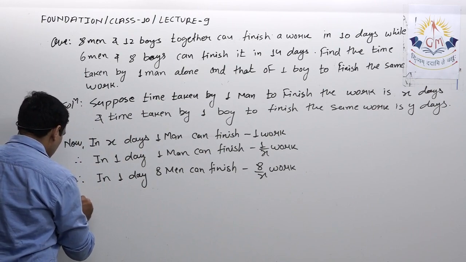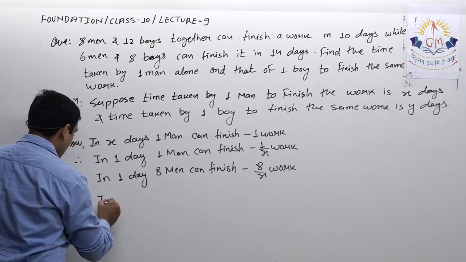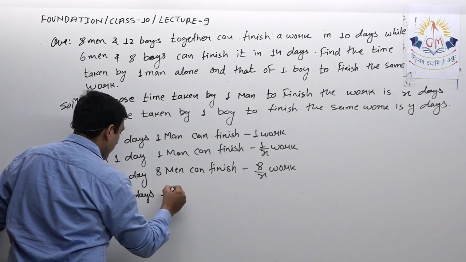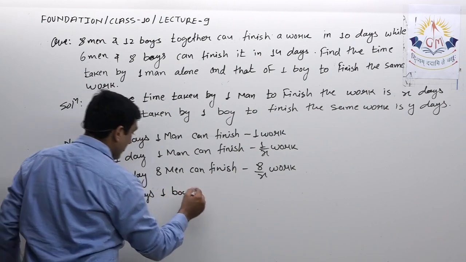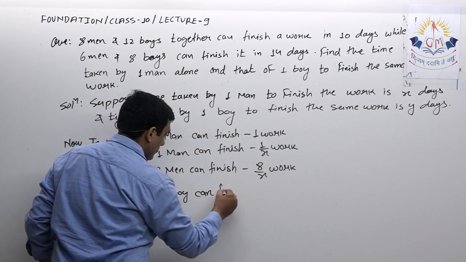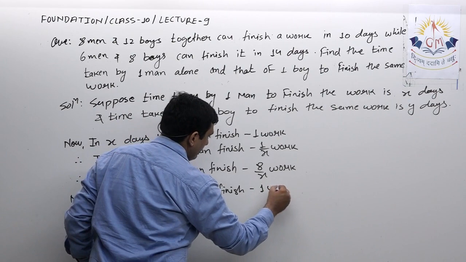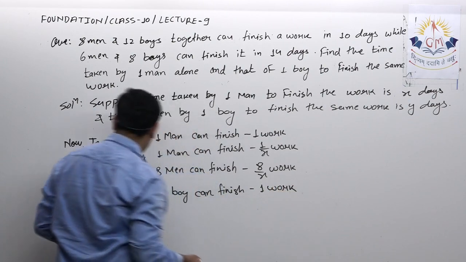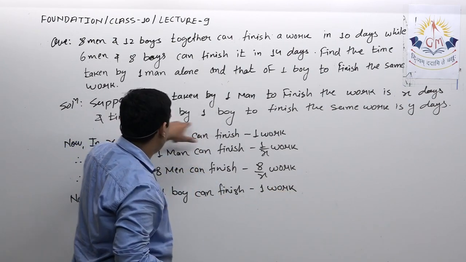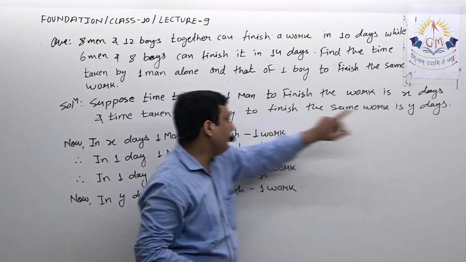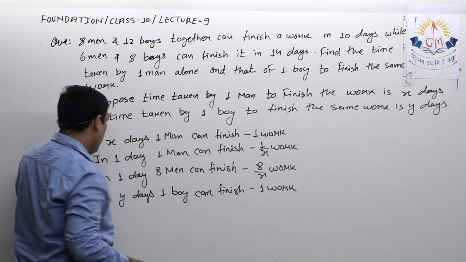So now in y days one boy can finish one work, isn't it? We assume that time taken by one boy to finish the same work is y days. That means in y days he is able to finish the one complete work.